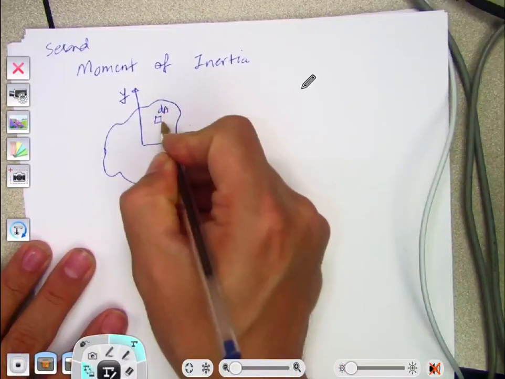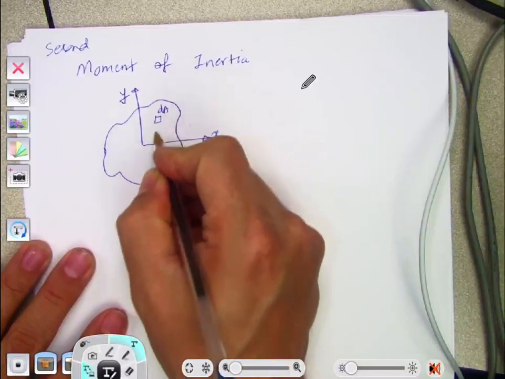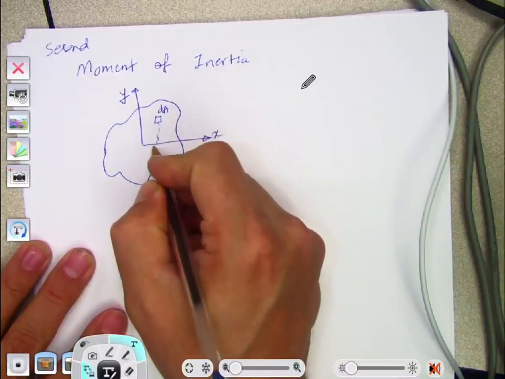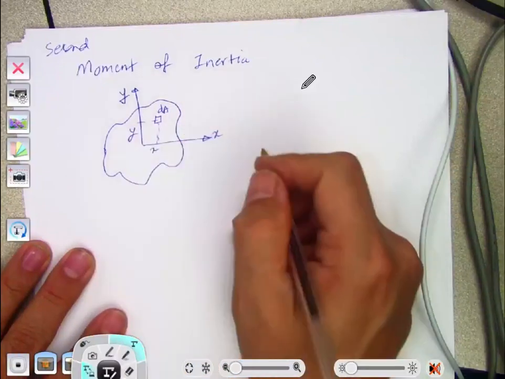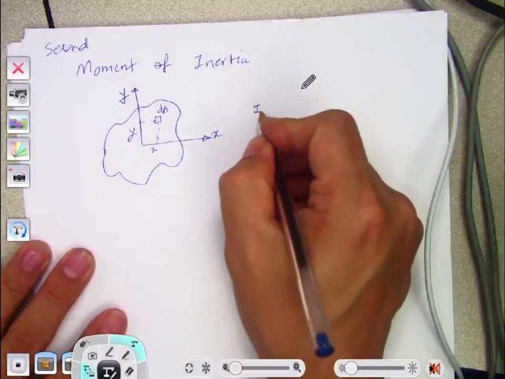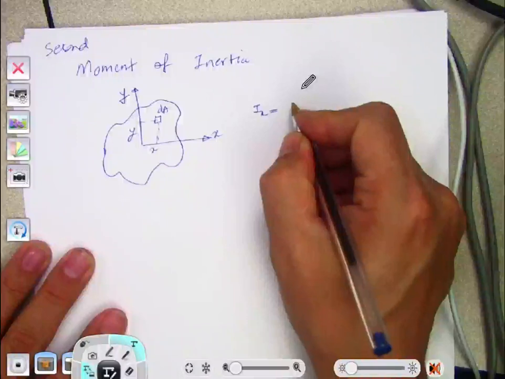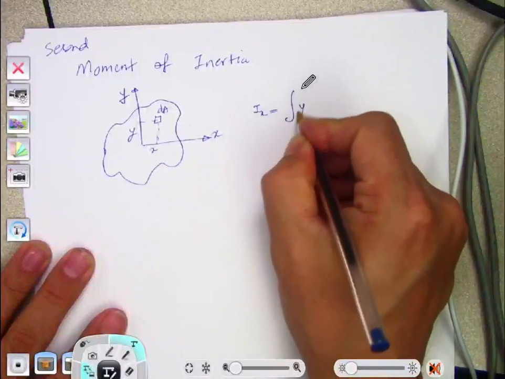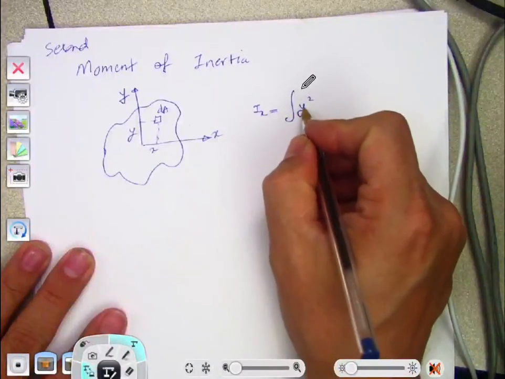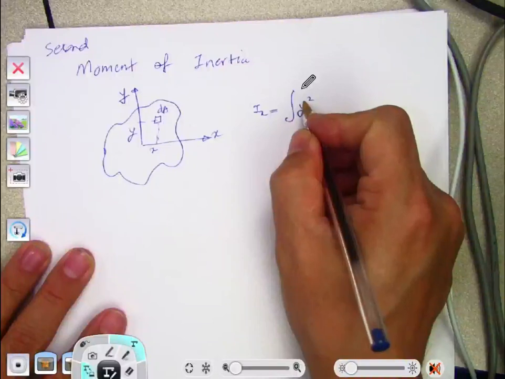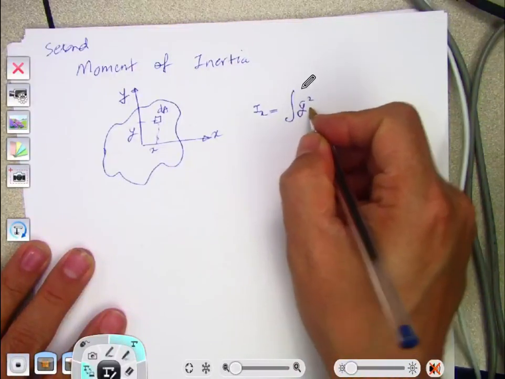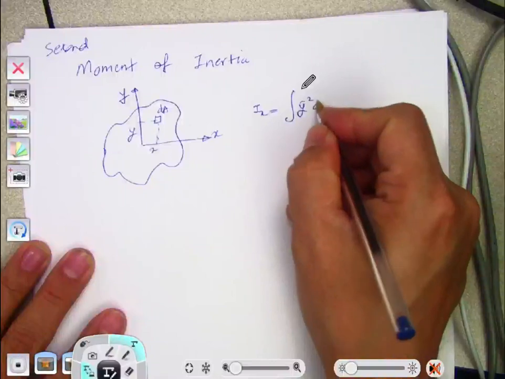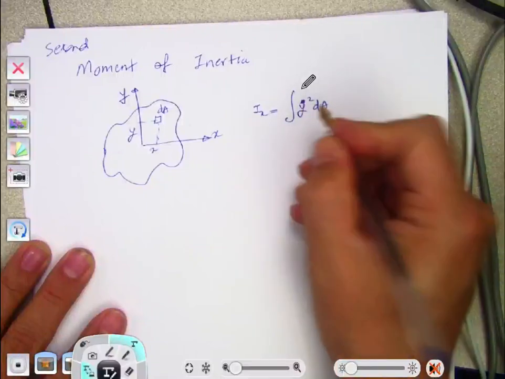If I consider a differential element like that, it has x and y coordinates, right? So the moment of inertia about the x-axis is defined as the integral of y squared dA.